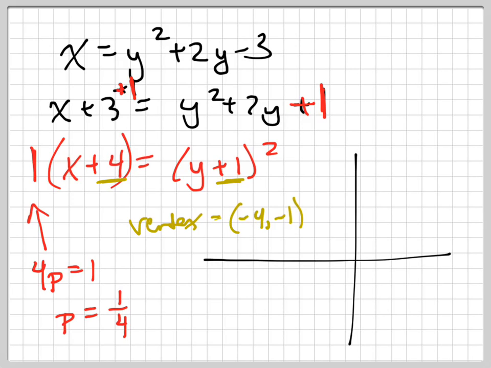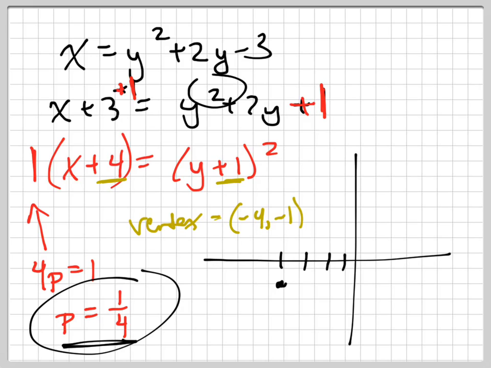So -4, -1: 1, 2, 3, 4, then 1 down. There's my vertex right there. My p is positive 1/4. Remember, it opens left or right, and since p is positive, it's opening to the right, so my graph is doing that. I always draw that in because it helps me know which way to go for my focus and directrix.